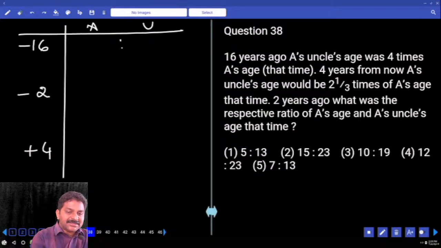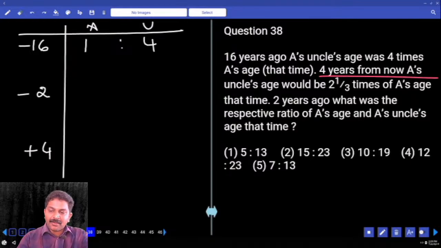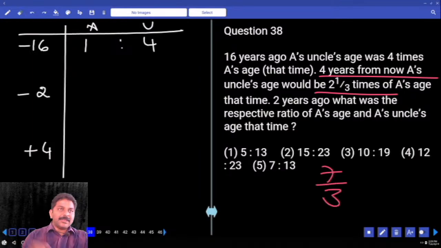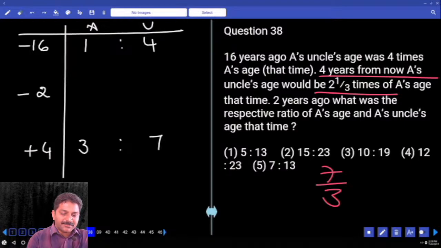A's uncle was how many times of A's? That means 1:4 only. And 4 years from now, it will be 1/3 times. Convert into improper 7/3. That means if A's age becomes 3, uncle's age becomes.